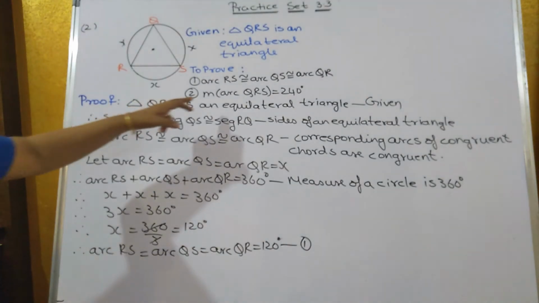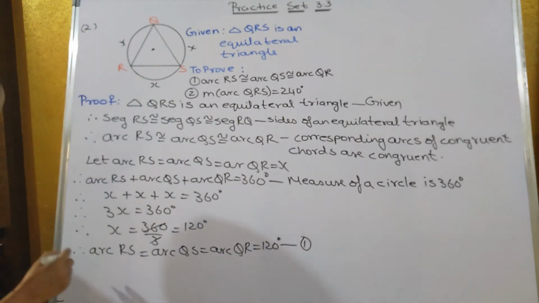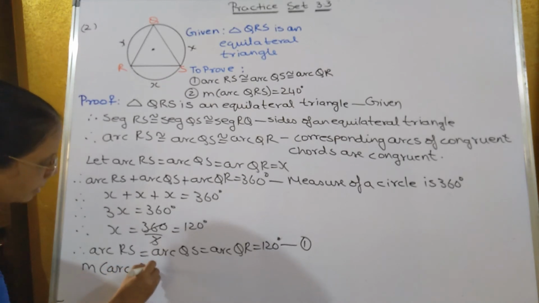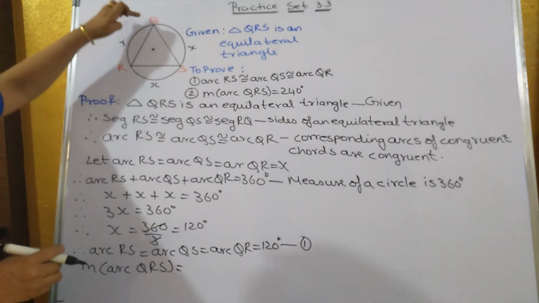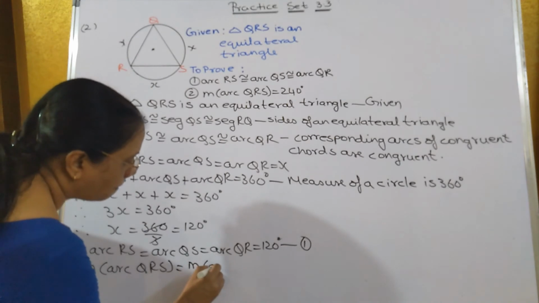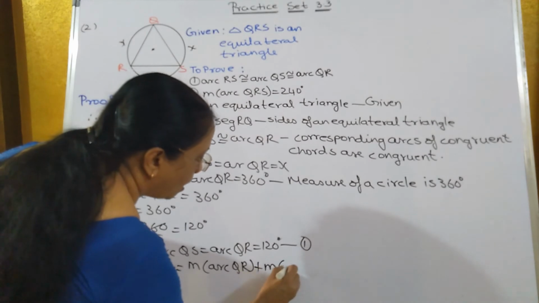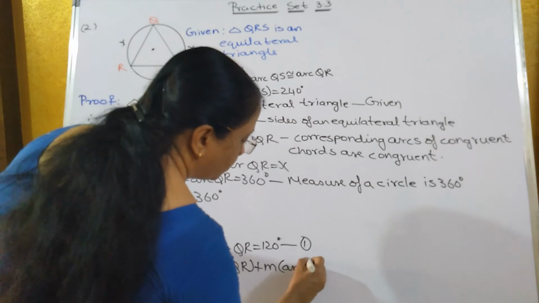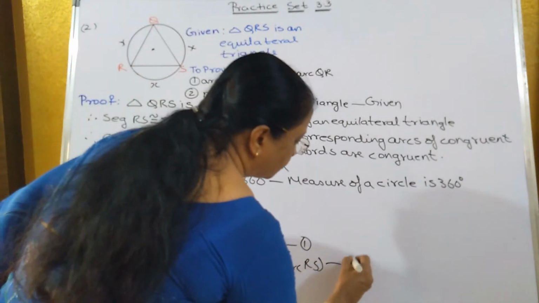Now we have to find out measure arc QRS. What is measure arc QRS? So measure arc QRS is made up of two parts, that is QR and RS, so it is equal to measure arc QR plus measure arc RS. Reason what you'll write? Arc addition property.